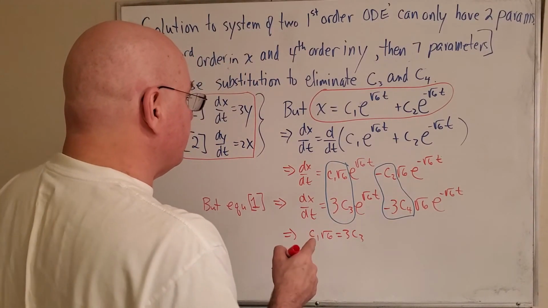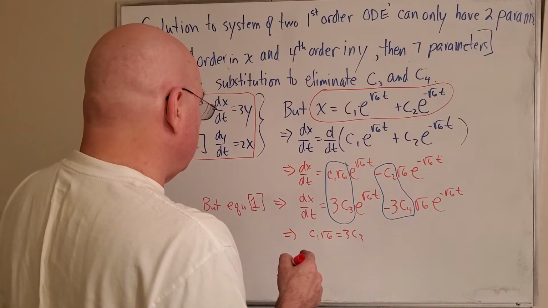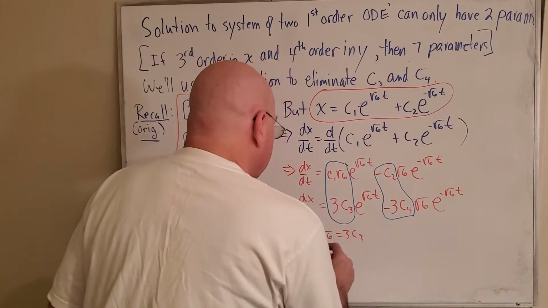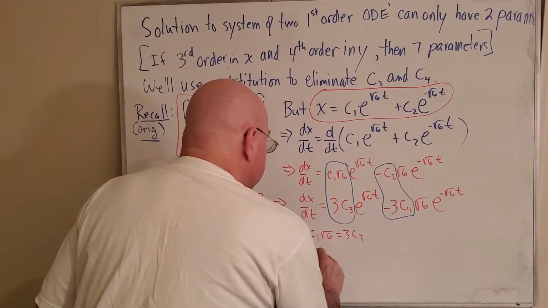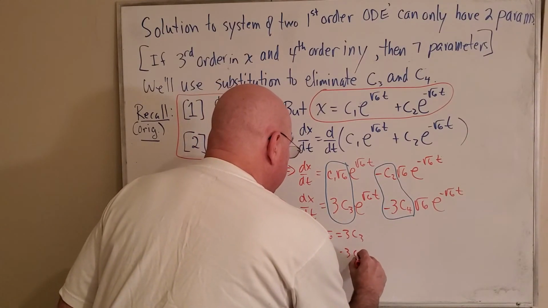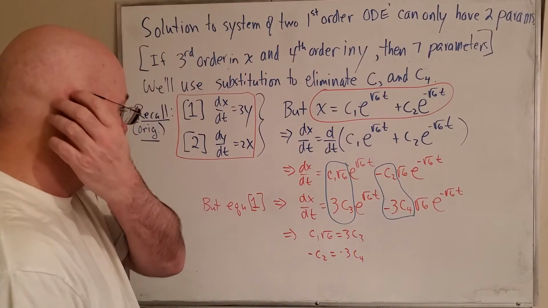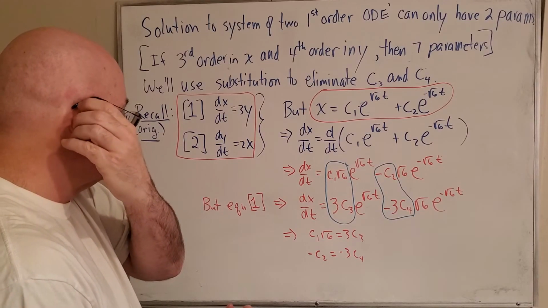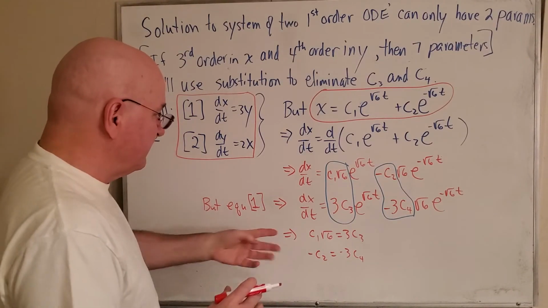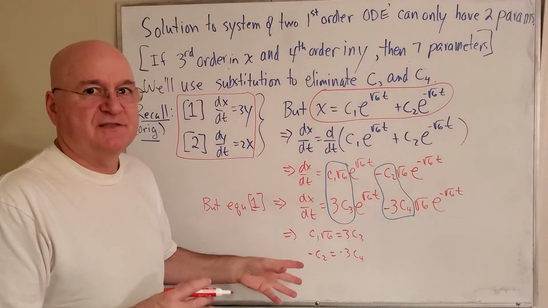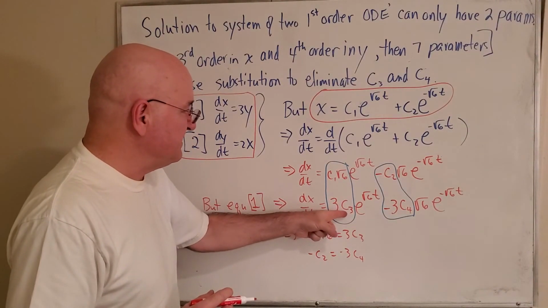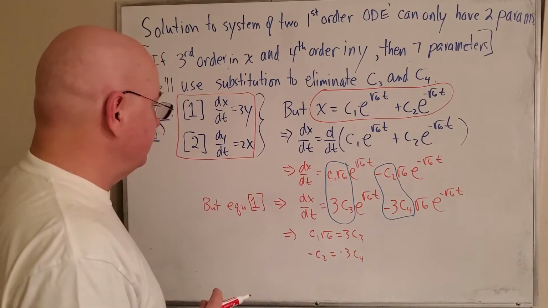All right, and the other one says that negative c2 is equal to negative 3 c4. So all we need to do with this, we can't solve for c1, c2, c3, and c4. All we want to do is find a representation for 3c3 that involves c1.